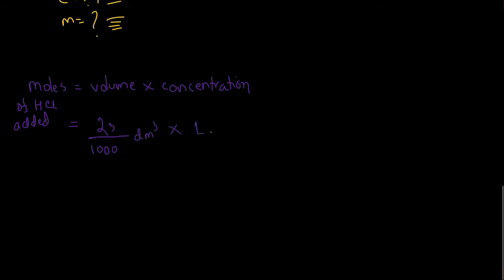The concentration was 1 mole per dm cube. So your dm cubes are going to cancel out, and then you're left with, I'm just going to leave it in fractions, 23 by 1000. So you have added this many moles of HCl.